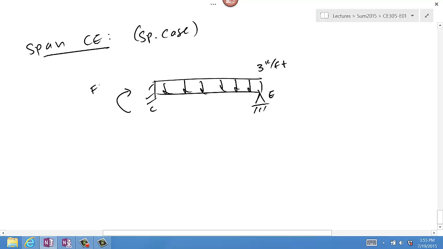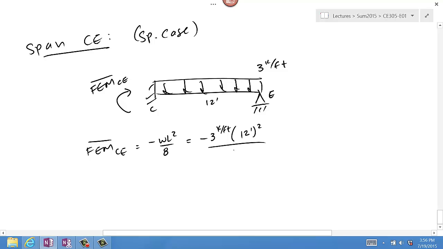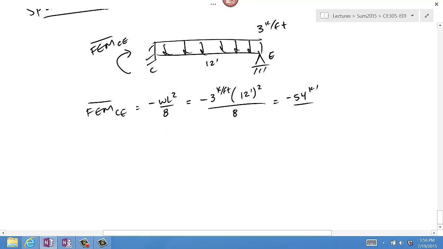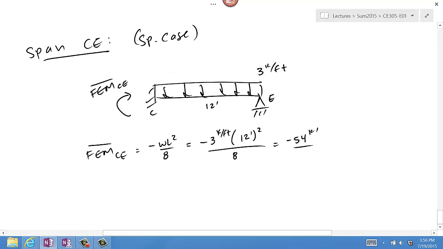Show the FEM bar CE acting in the clockwise direction. Look this up in the table. You get negative WL squared over 8. Negative because the moment would actually have been counterclockwise. The length is 12 feet. So this gives me negative 54 kip feet for my FEM. So that's it. Those are all the FEMs.